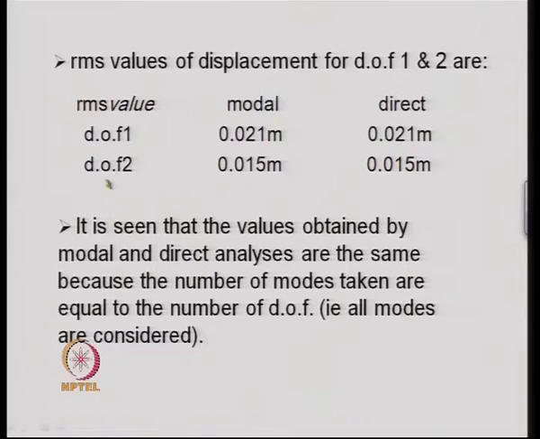The RMS value for the first displacement, that is at the top of the left hand tower, from the modal analysis is 0.021, and from the direct analysis we also obtained 0.021. They are the same because we have taken all three modes into consideration. Similarly, for degree of freedom 3, the modal analysis gave 0.015 and the direct analysis also gave 0.015.